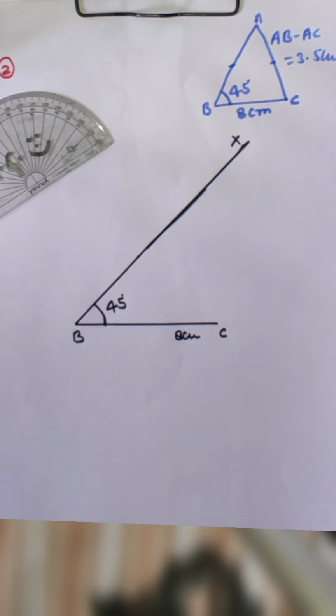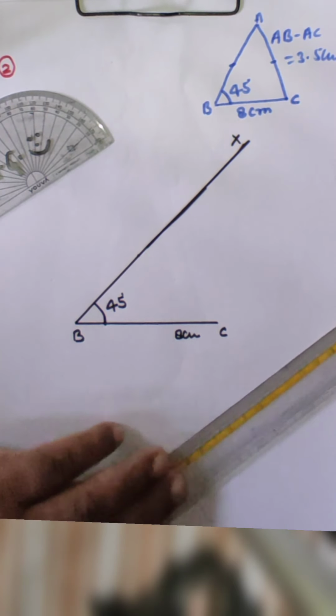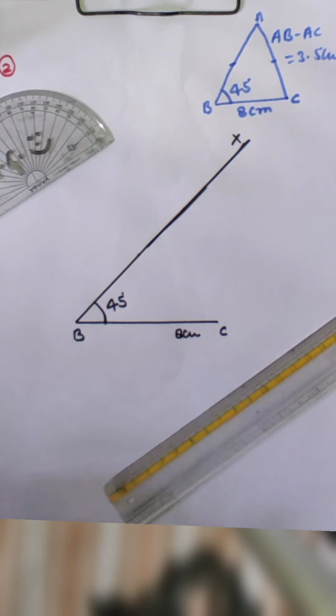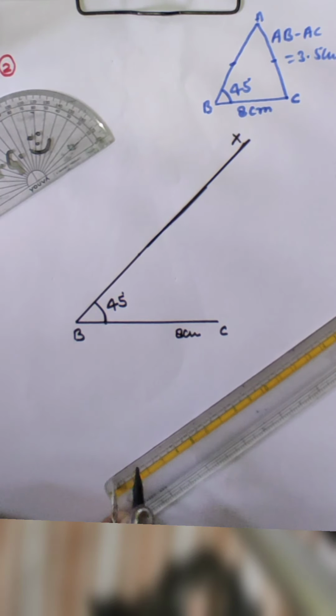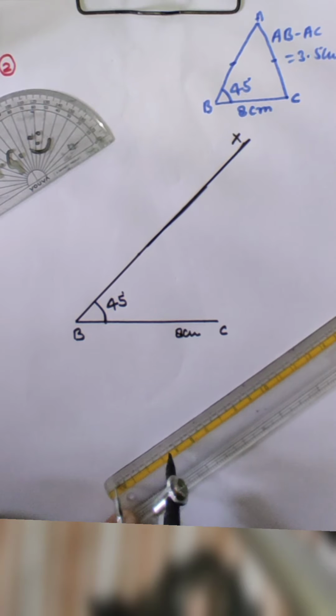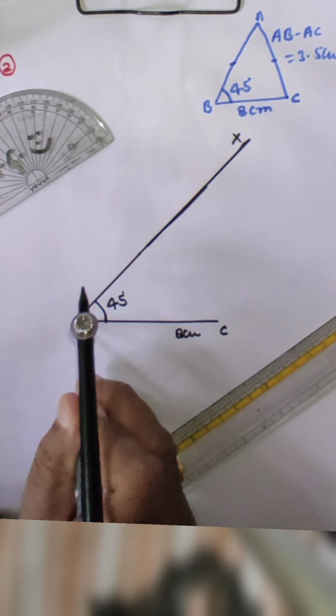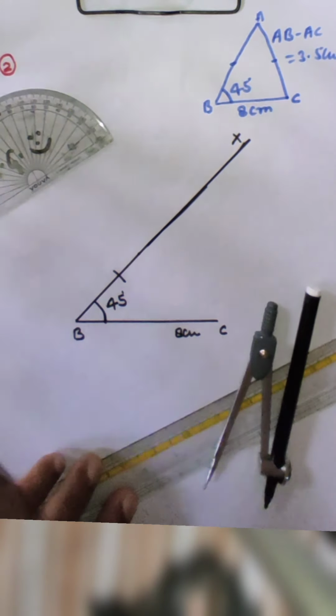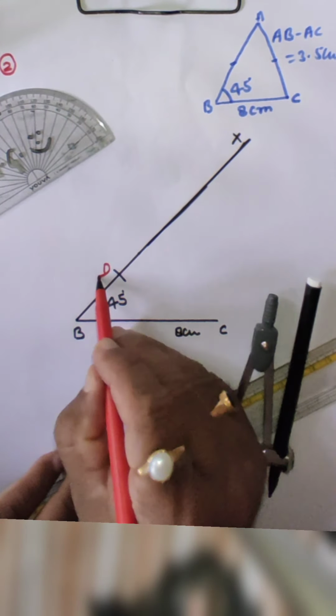Now we will cut an arc of 3.5 centimeter from B on BX. It is BD.